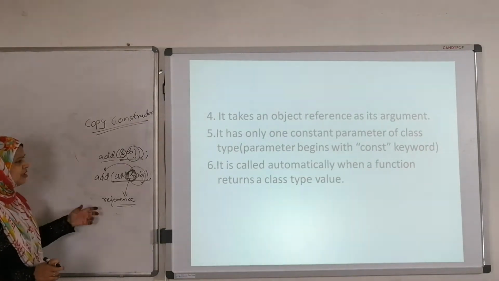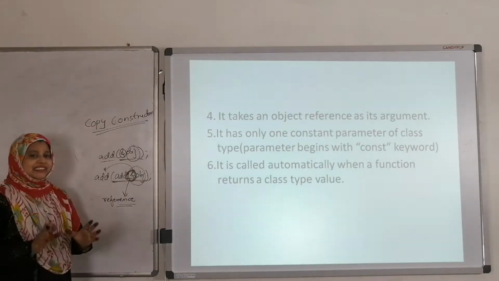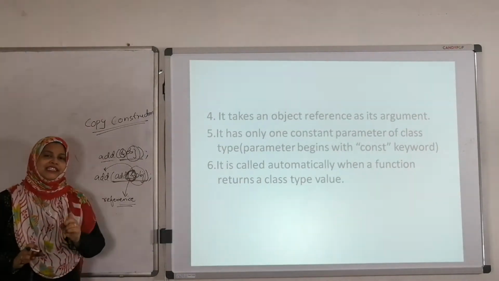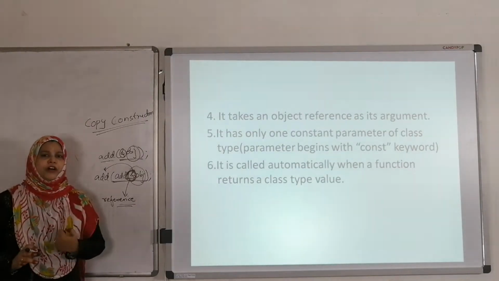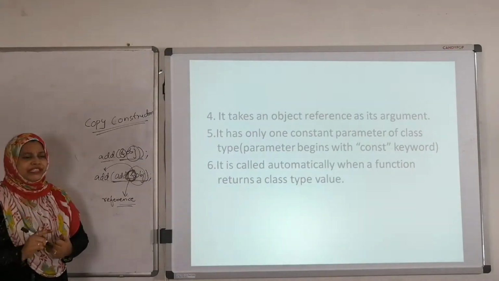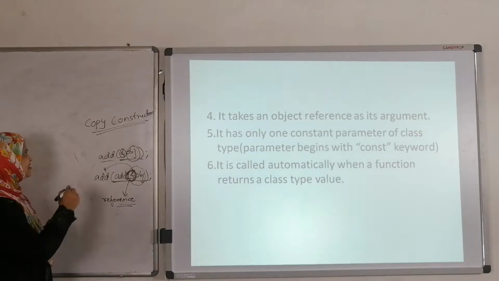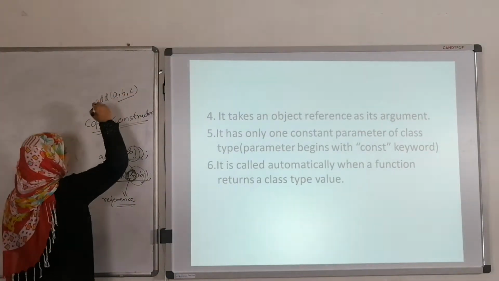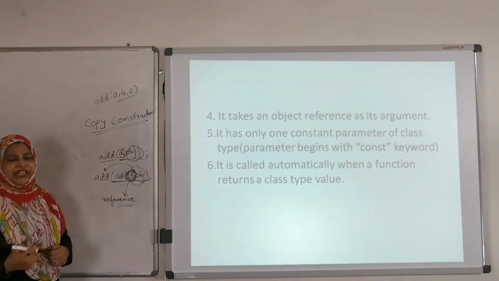It has only one constant parameter. In a copy constructor, we pass only one argument, that is the reference of one object. In parameterized constructors, for example add a, b, c, we can pass 3, 4, 5 parameters.